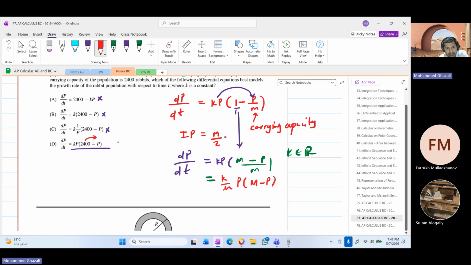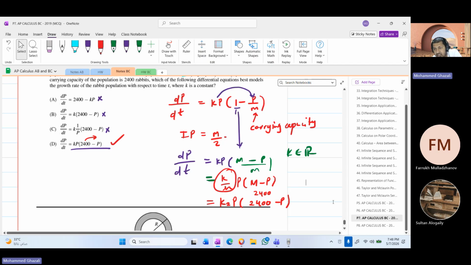So this is the carrying capacity, which is 2,400, right? And this one here, you can just make another K, K2 P into 2,400 minus P. So this is correct. That's a population model.